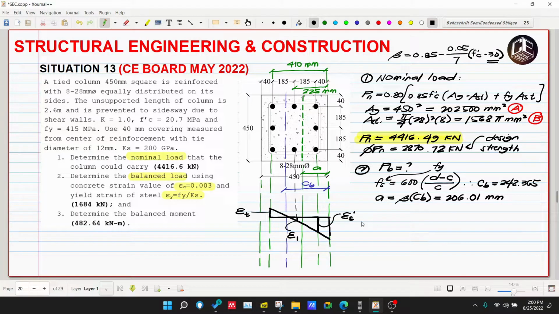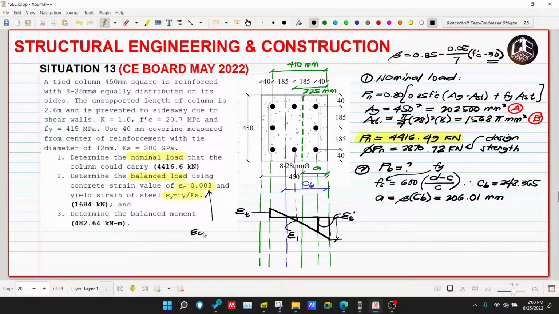Okay? So, base dito sa ating strain diagram, makukuha natin tong ES prime and E1. Actually, pati rin ito. Diba? So, paano yun? Remember, yung ating balance condition, sabay na nag-fail yung ating concrete and steel. So, ngayon, sagad yung makukuha ng ating concrete.